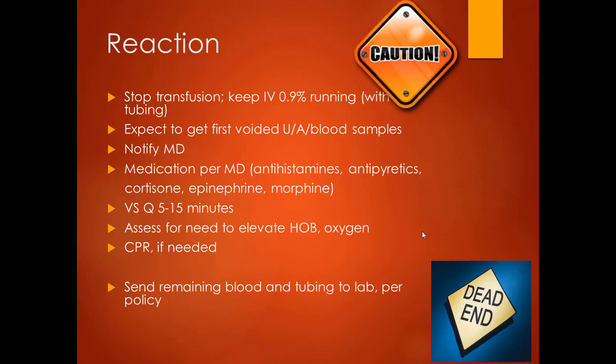We're going to need a UA and some blood samples. We're going to need to notify the blood bank and the provider immediately so that they can give us orders on how to go about treating this person.